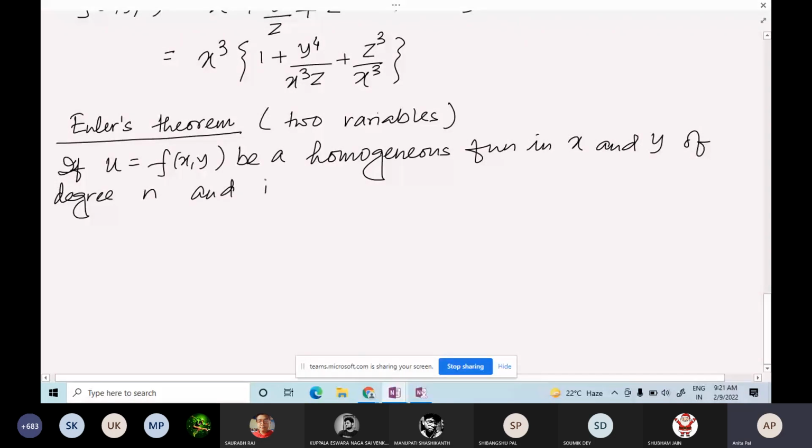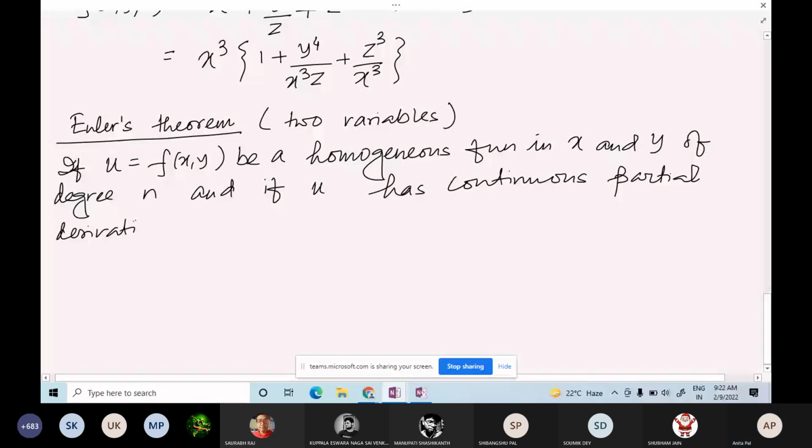and if u has continuous partial derivatives, then x del u del x plus y del u del y equals n u.